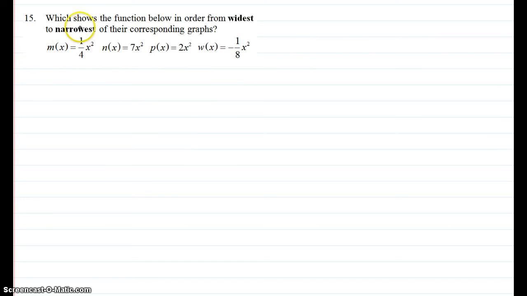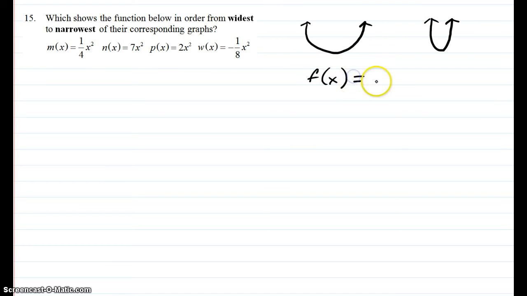All right, for 15, which shows the functions below in order from widest to narrowest. So we want to know which functions are the widest and which ones are the narrowest. And so in our functions, the a value tells us whether it's going to be wide or narrow.